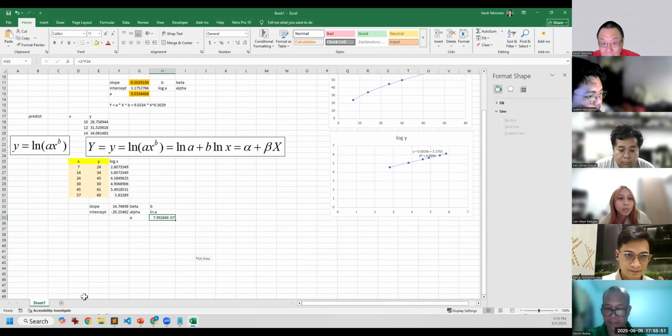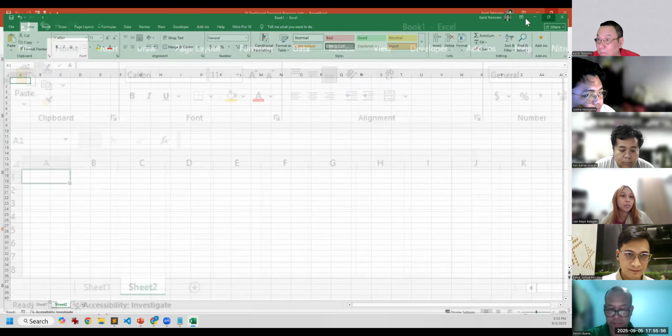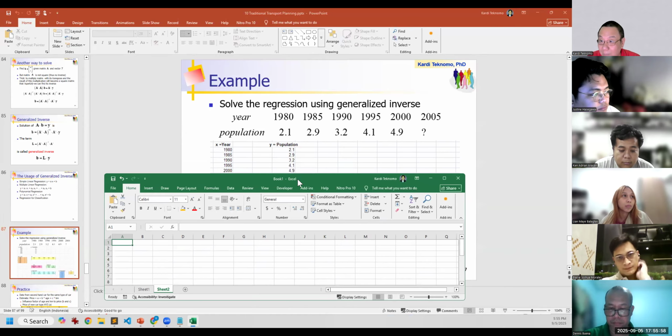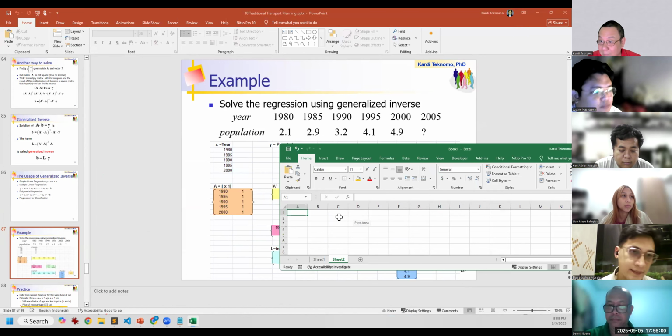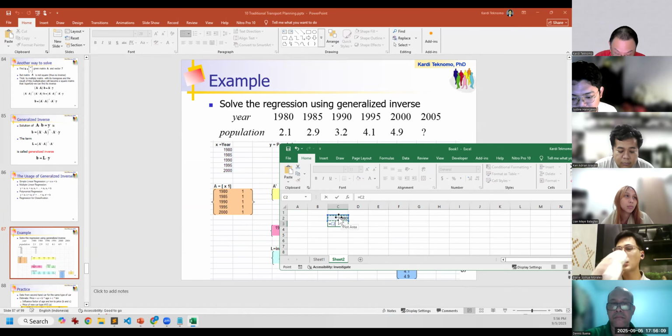Okay, I will create a new sheet. I will type the data. 1980. This one is equal to the above plus 5, right?